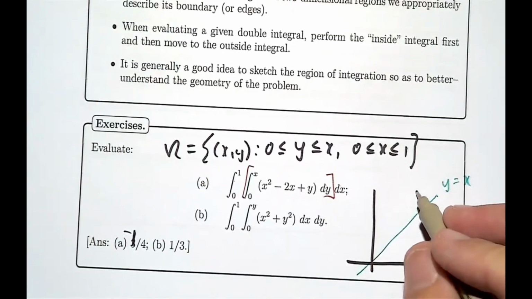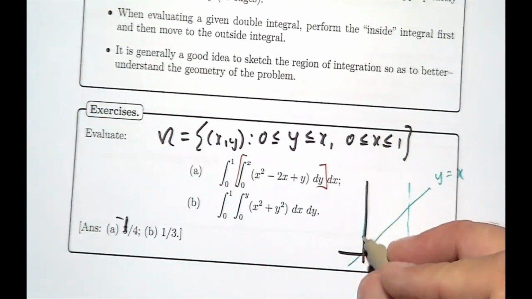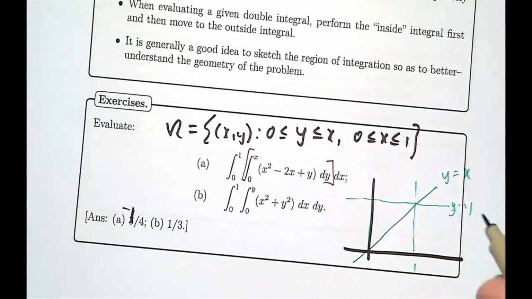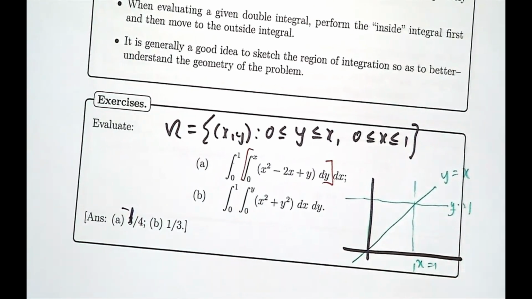So it's a triangle, but there are two triangles in that picture. Is it the top triangle or the bottom triangle? The bottom.